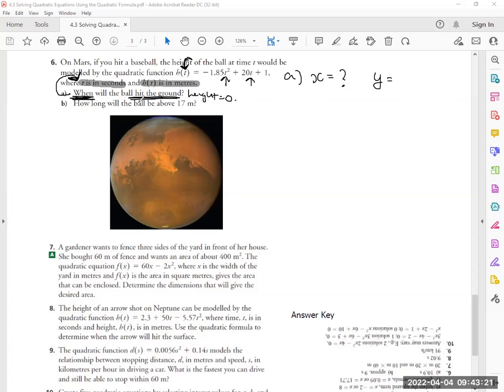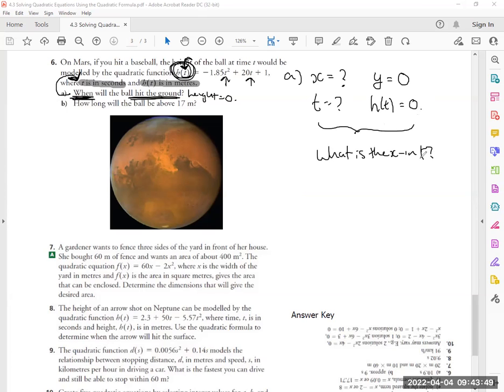It hits the ground. Height being 0, height represents the y value. And therefore, they're asking, what is x when y is 0? What is time when height is a 0? And that's another way of saying, what is the x-intercept? It's the same thing, which is what you're saying, right?